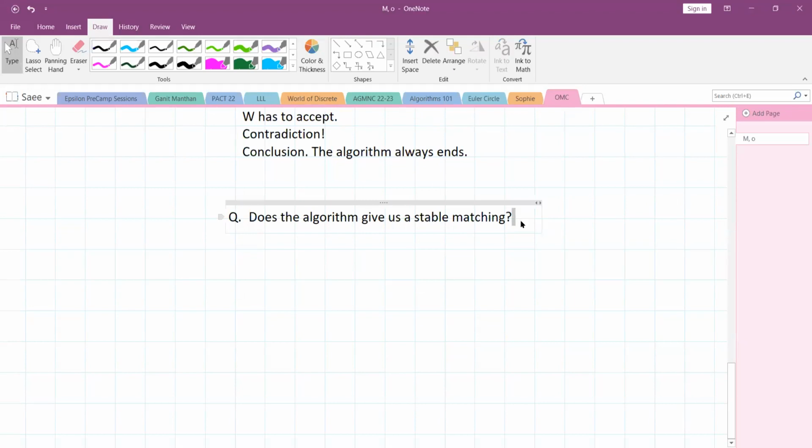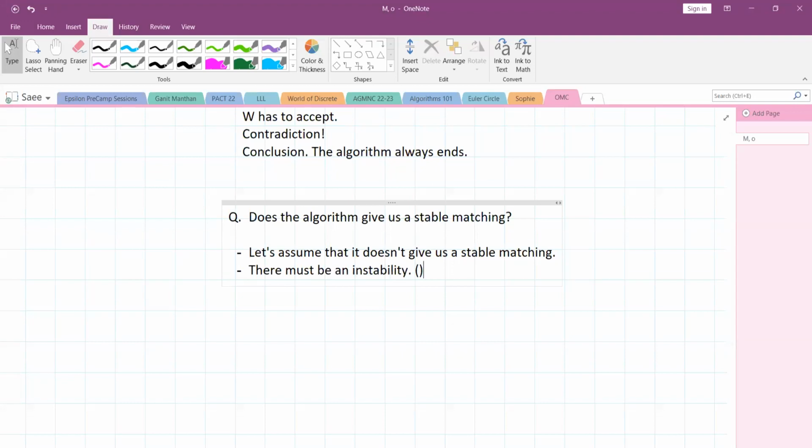So let's just assume, for the sake of contradiction, that it doesn't give us a stable matching. Right? What does that tell us? There must be an instability.